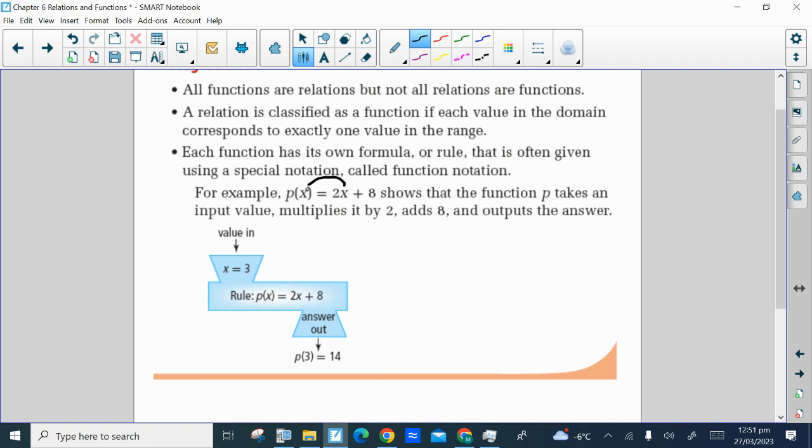You can have p at x, you can have a at x, you can have t at x. It doesn't matter. But the letter in the bracket must match the letter in the equation. So again, it shows us that the function p takes an input value, whatever x is, multiplies it by 2 and adds 8 to get the output or the answer.